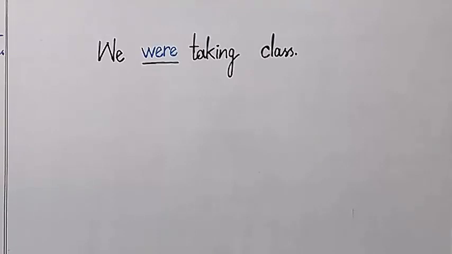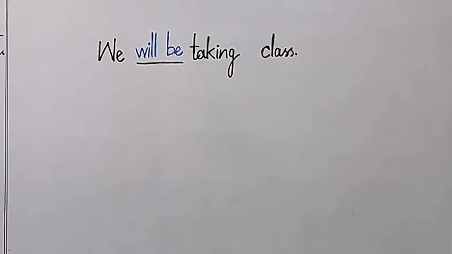Why? Yes, because of was as auxiliary verb. Oh, I changed the auxiliary verb again. Now this time there is no are, there is no was, but a new auxiliary verb, will be. We will be taking class.